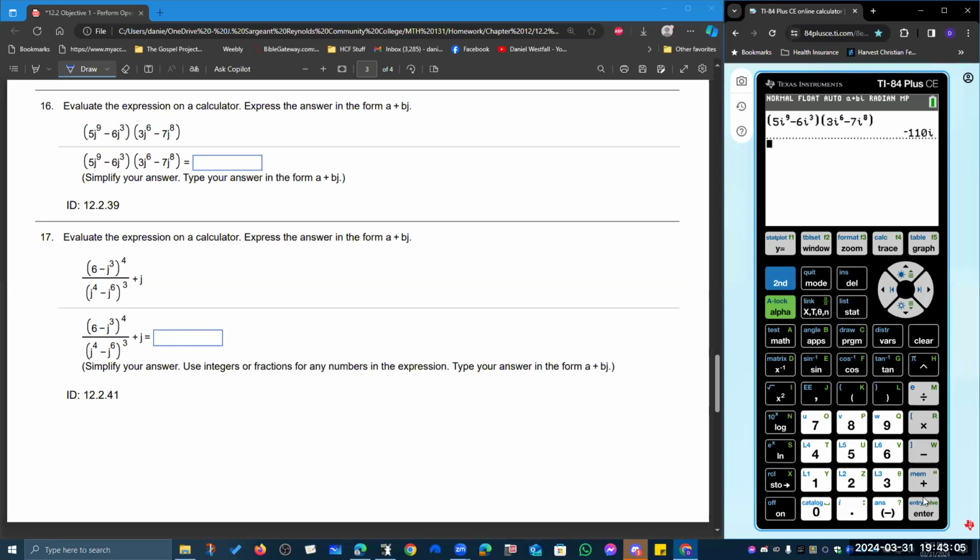And we get negative 110. My calculator says I, but you're going to use J for your imaginary unit.